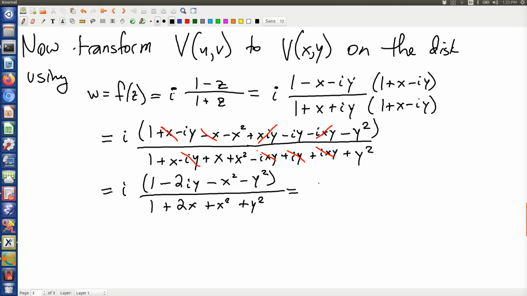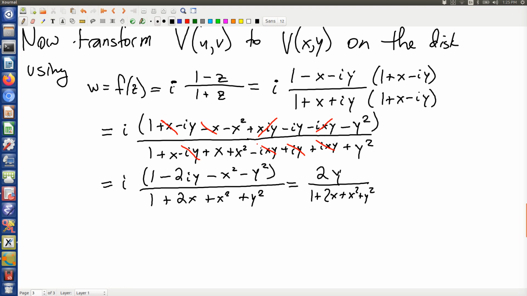So I can regroup this entirely in terms of real and imaginary parts. I have 2y as my real part, and as my imaginary part, I have 1 minus x squared minus y squared over the denominator.